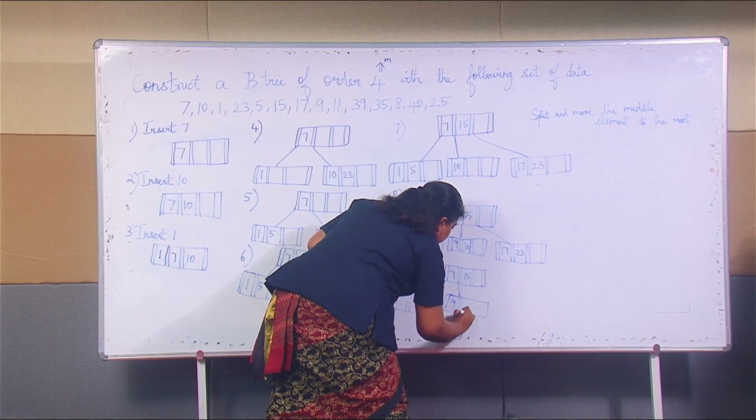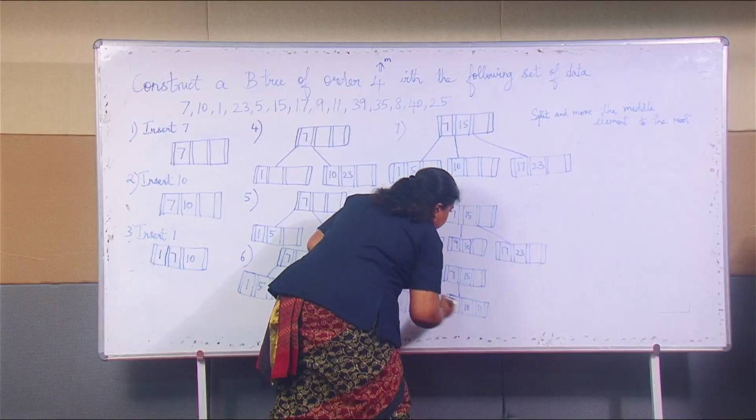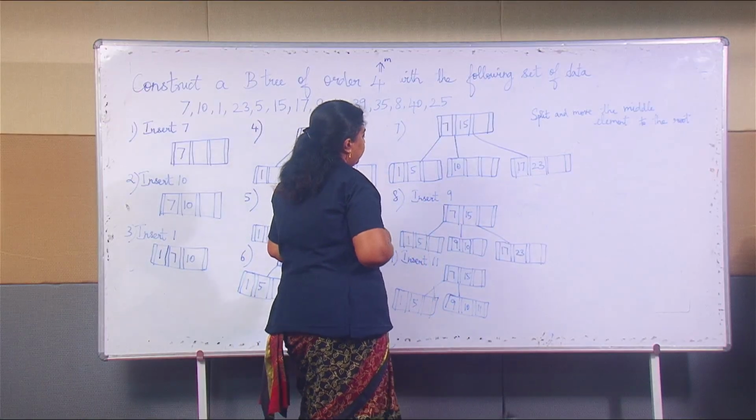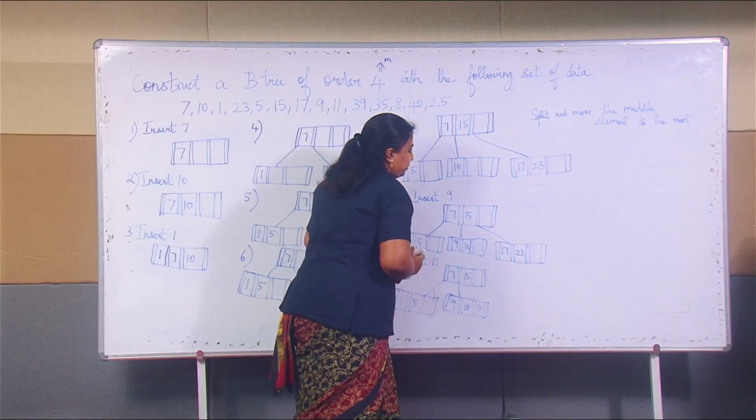Nine, then 10, then 11. So 11 is placed after 10 and this value is between 7 and 15.